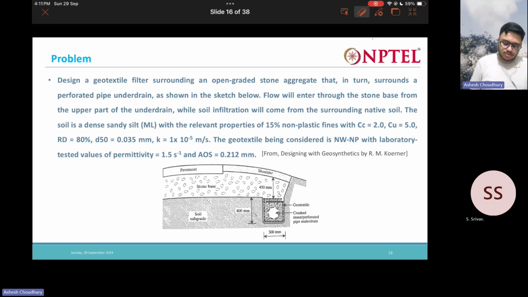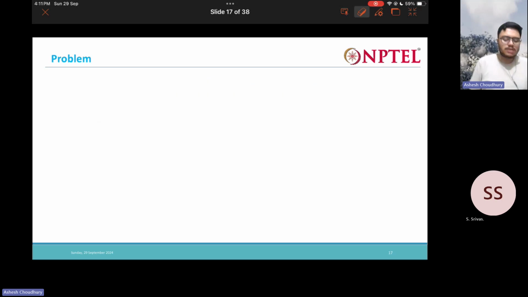So let us start. The approach is quite similar. Whatever approach we used in the previous problem, the approach will be the same, and how you need to proceed will be the same. First you need to assume the flow. In this case, how do we calculate the flow of water that is coming? We need to assume how much infiltration happens in some area. If you have that type of hydrological data, you can get how much water will actually inflow.